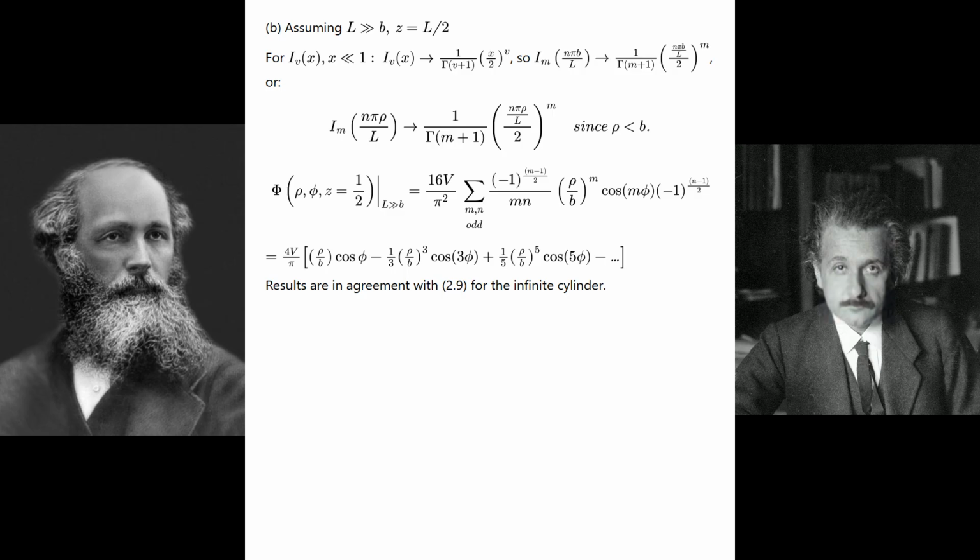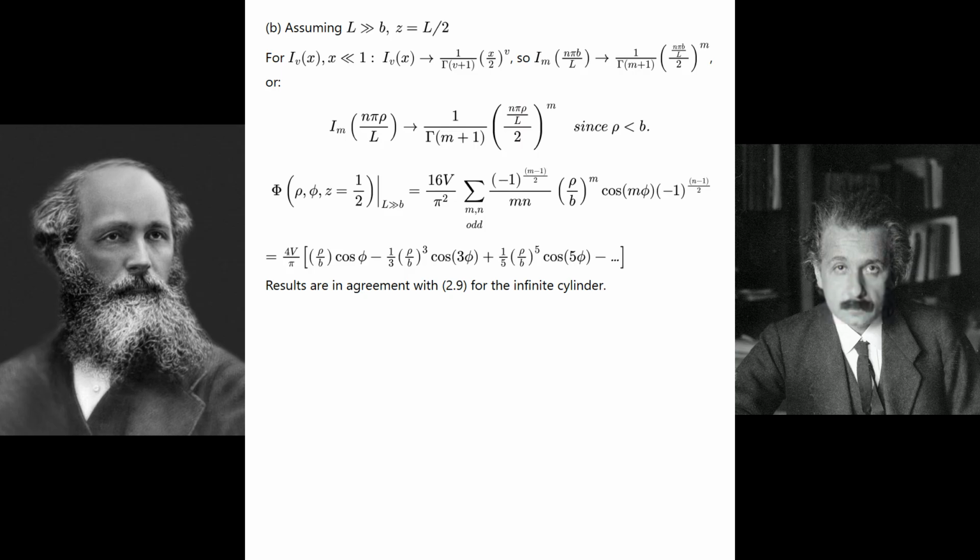B. Assuming L is much greater than b, z equals L divided by 2, for I sub v of x, x is much less than 1. I sub v of x goes to 1 over gamma of v plus 1, times x over 2 to the v, so I sub m of n pi b over L goes to 1 over gamma of m plus 1, times the fraction with numerator n pi b over L and denominator 2, to the m, or see the following equations.